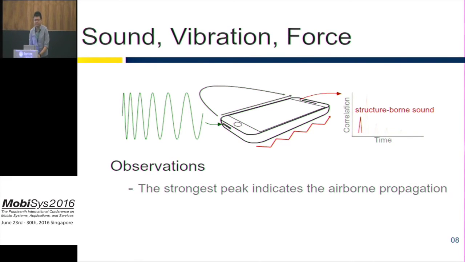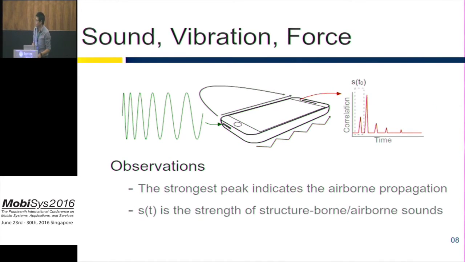Because our hypothesis is that the sound in this windowing actually represents how much sound is caused by the vibration. So that's the reason we made a very easy heuristic. We set up a windowing before the very strong peak, and we calculate the energy of this windowing as an indicator of the force you apply to your phone. For example, if you apply more force to your phone, we expect the energy inside this window is going to change based on your touch force.